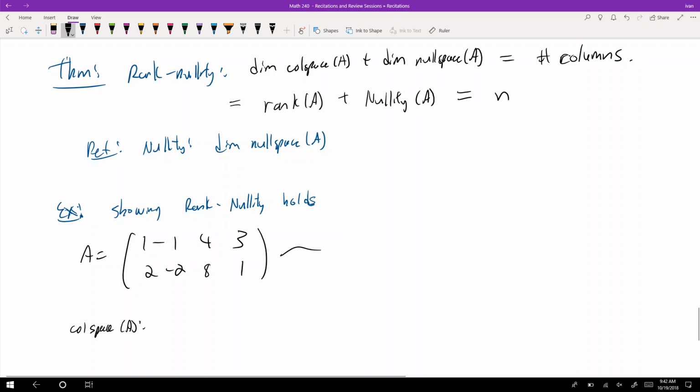So we're going to reduce it, zero out the first column of the last row. It ends up zeroing out a bunch of stuff. Zero, zero, zero, -5. Okay, and we see we have pivot, free, free, pivot.